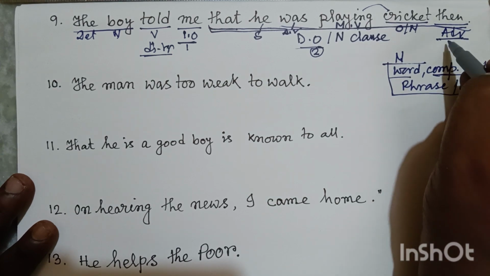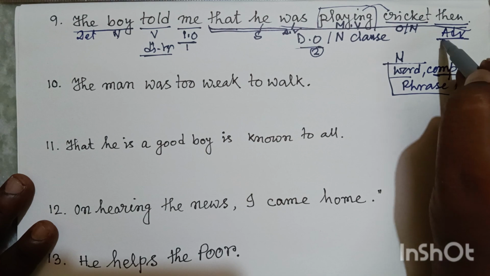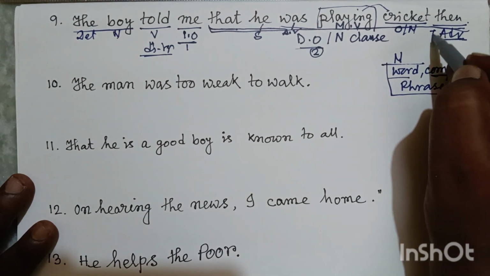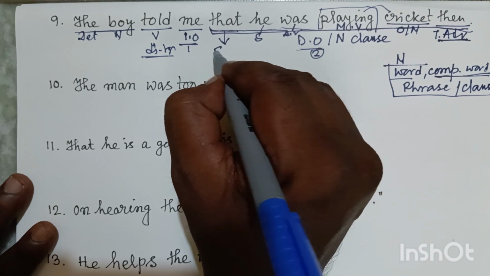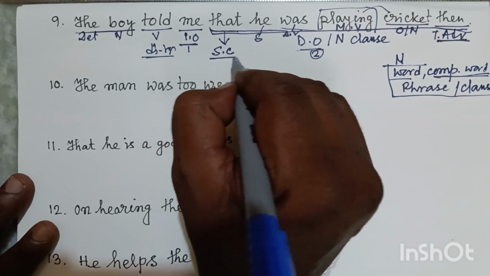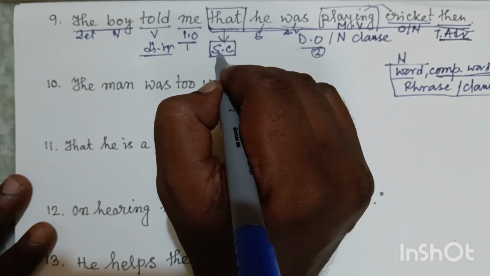It is the time of this action, playing. So it's an adverb of time. And that is the subordinating conjunction, friends. Here this term is the conjunction.